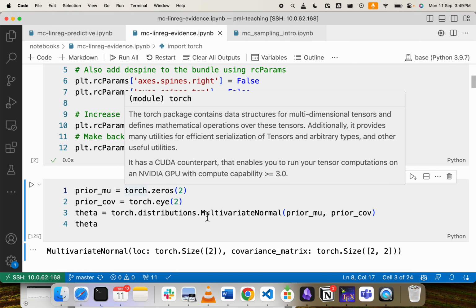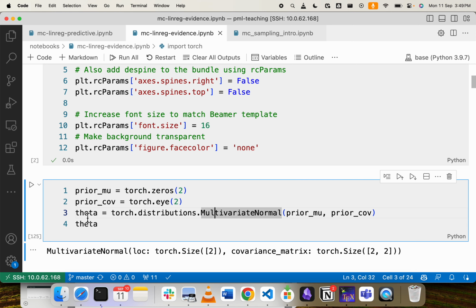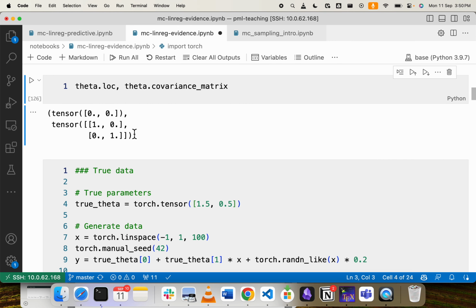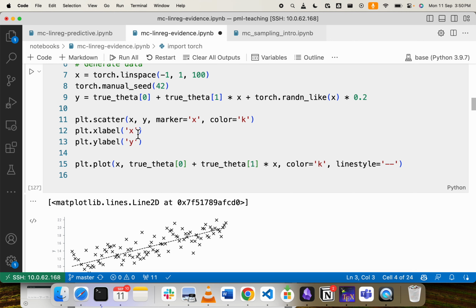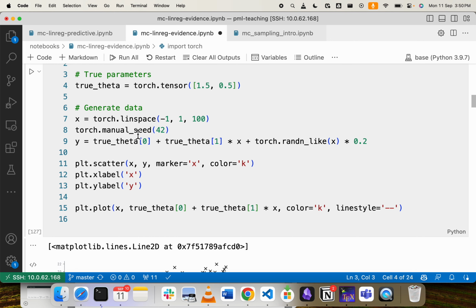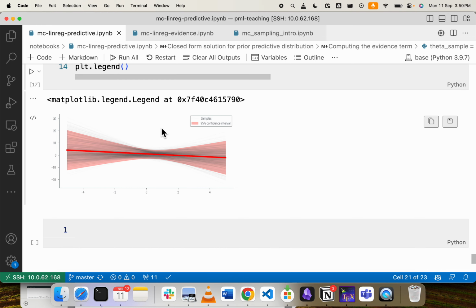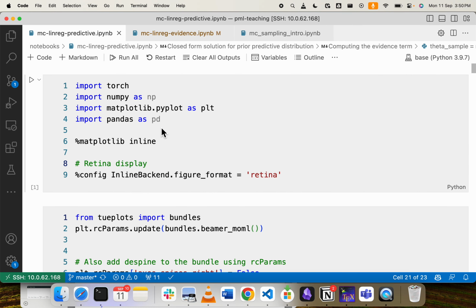We have a prior mu, prior covariance, and we are able to get a prior distribution on theta. So the main difference between this notebook, which I'm calling the evidence term, and the predictive distribution, where we were looking at the prior predictive, what do you think is the main difference? Both of these problems I am solving using Monte Carlo integration. What is the main difference?